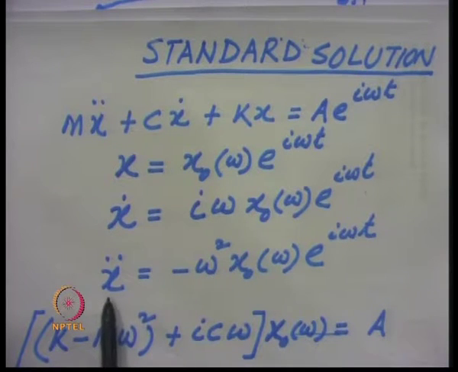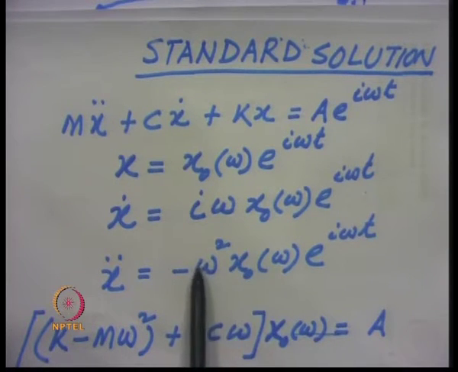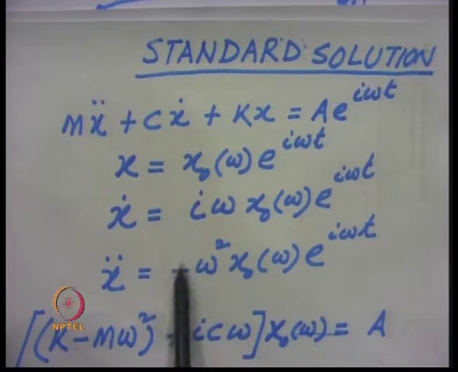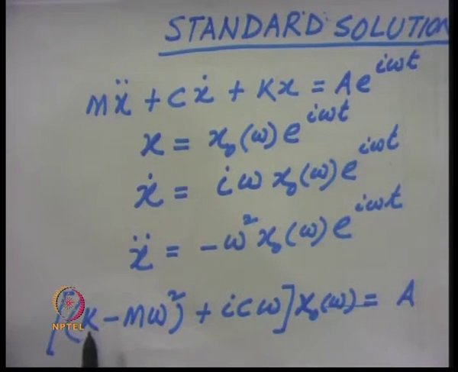If we differentiate it twice, we get minus omega square x 0 omega e to the power I omega t. Substituting the values of x dot and x double dot into this equation, we will end up in an equation like this: k minus m omega square plus I c omega into x 0 omega is equal to a.